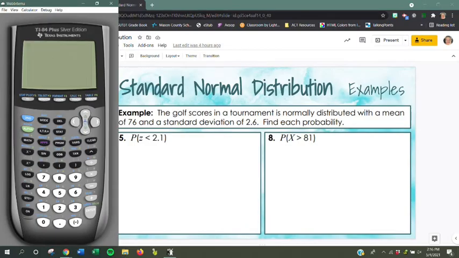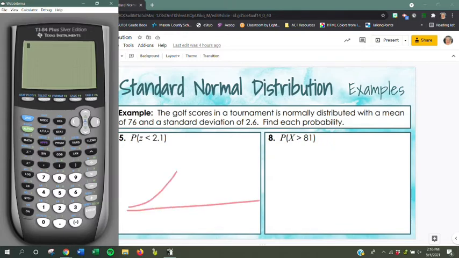In order to do this on a TI-84 calculator, the first thing that it's asking us is we have golf scores in a tournament, normally distributed with a mean of 76 and standard deviation of 2.6. Find each probability. So here it asks the probability that the z-score is less than 2.1.